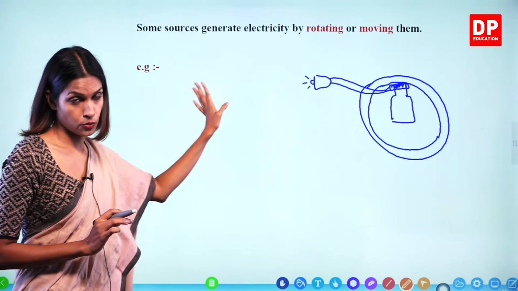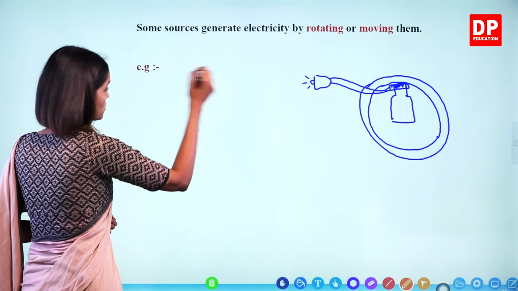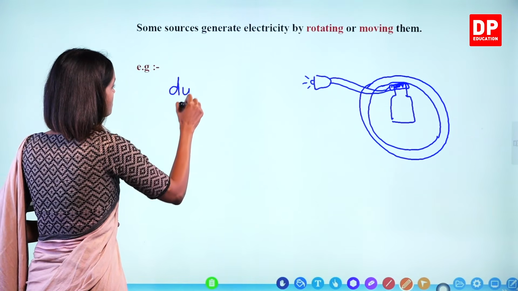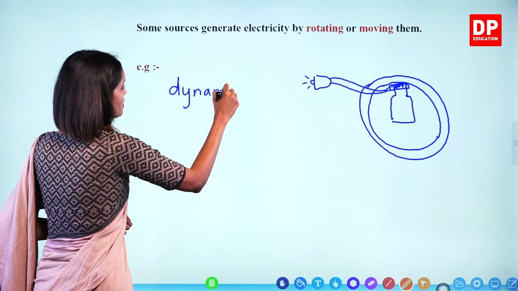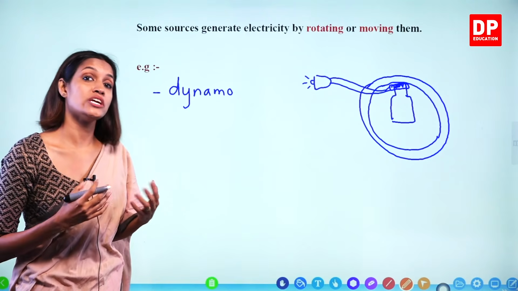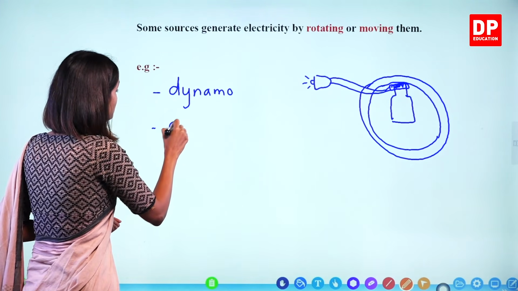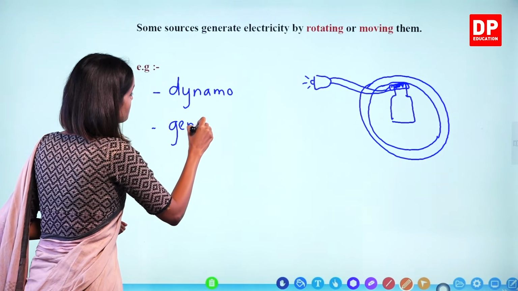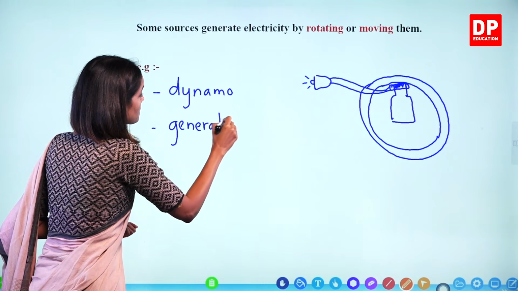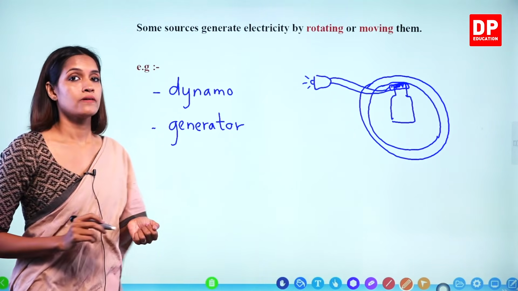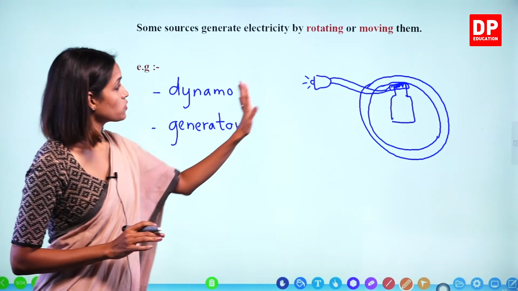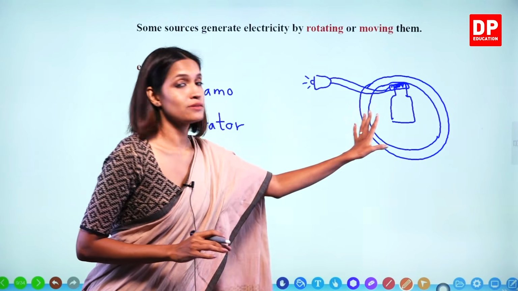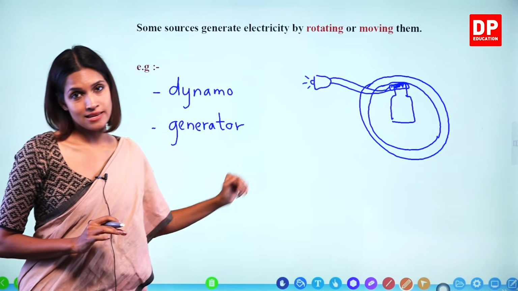Okay, so what are the examples? Here, the dynamo. And another example is the generator, right? Generator is also another example. Understand, children? We are going to study these dynamos and generators later in the same lesson.